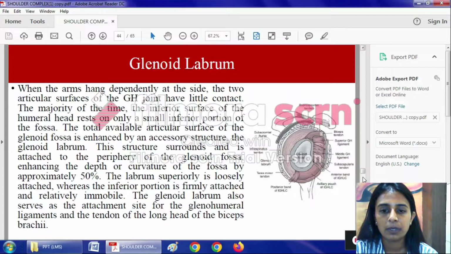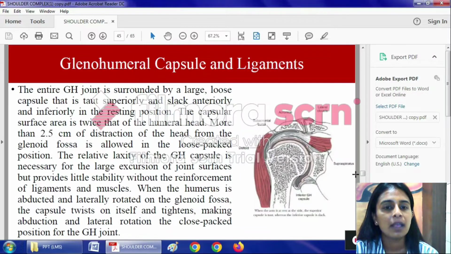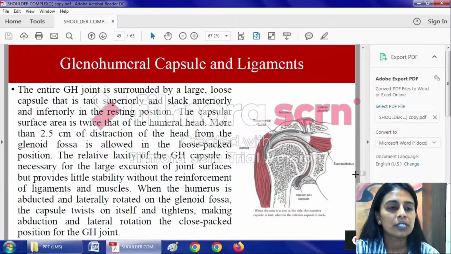Now, next is capsular ligaments of the glenohumeral joint. The GH joint is surrounded by a large loose capsule that is taut superiorly and slack anteriorly and inferiorly in the resting position. The capsular surface area is twice that of the humeral head.